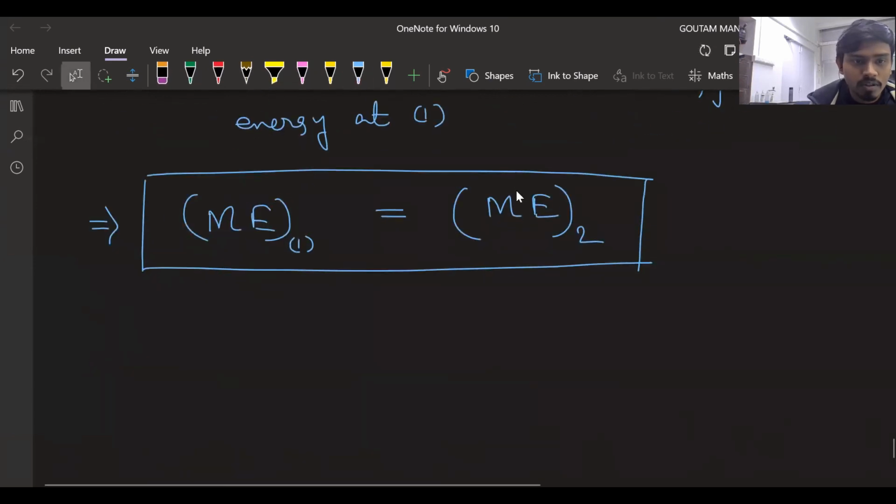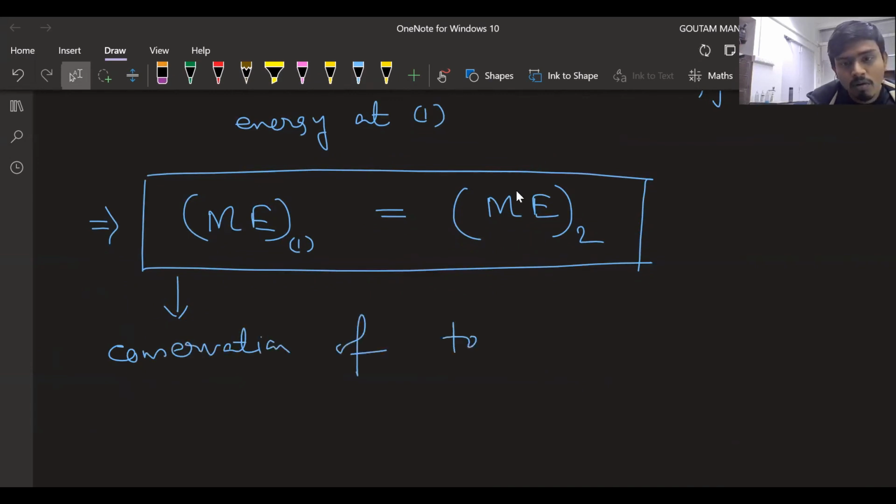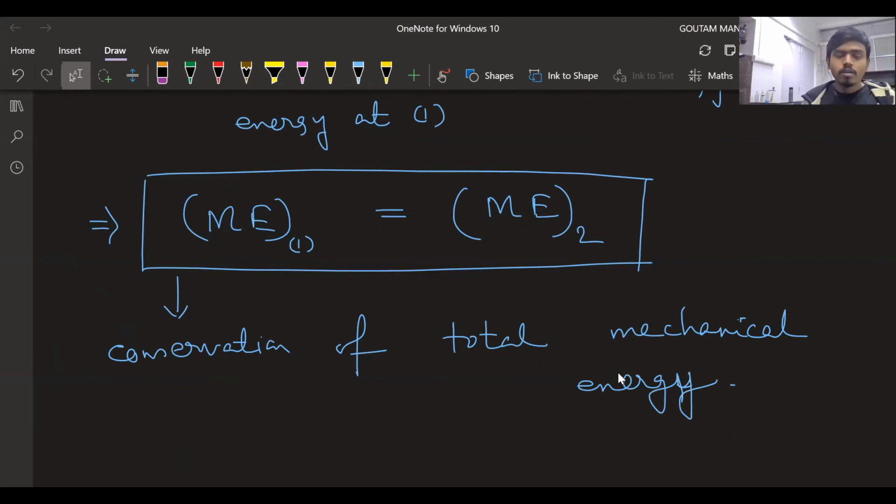This is called the conservation of total mechanical energy.